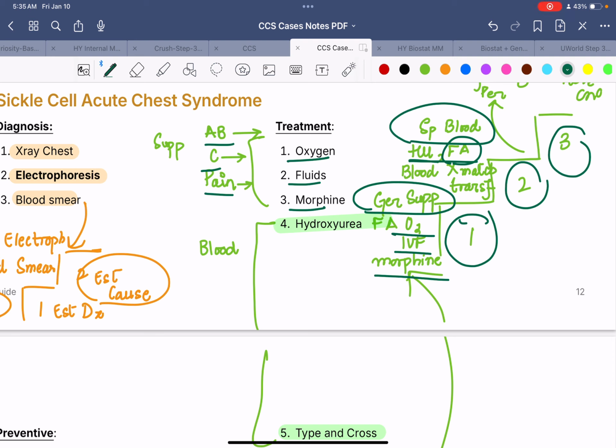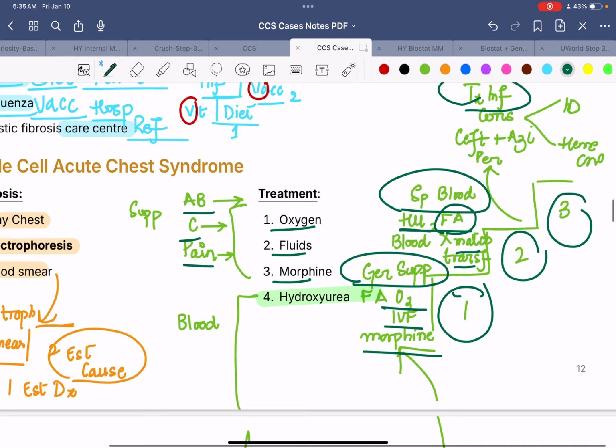So hydroxyurea and folic acid, along with blood cross match and transfusion, again to dilute the blood by introducing normal blood instead of sickle blood, leading to less hemolysis and less clogging of the microvasculature. So blood cross match and transfusion. This was the specific blood treatment.